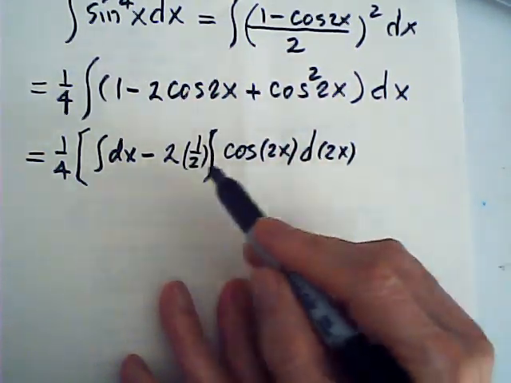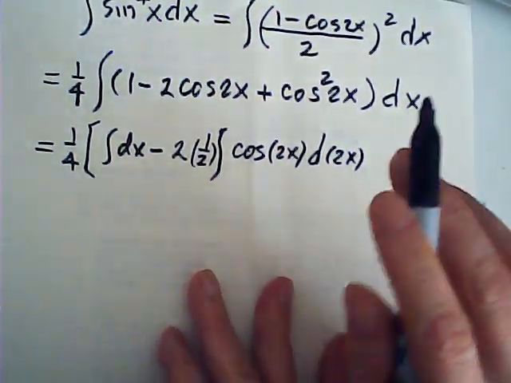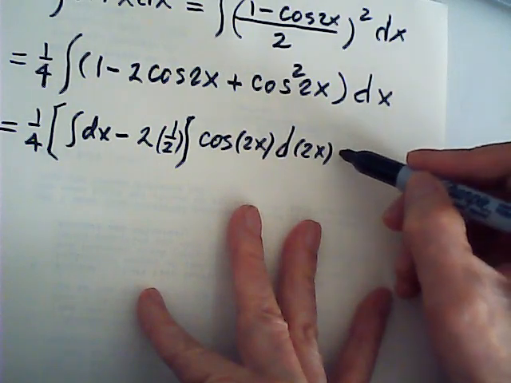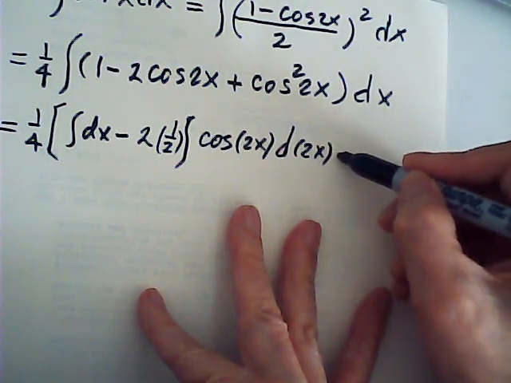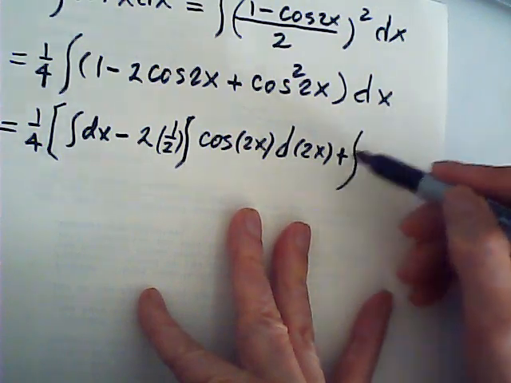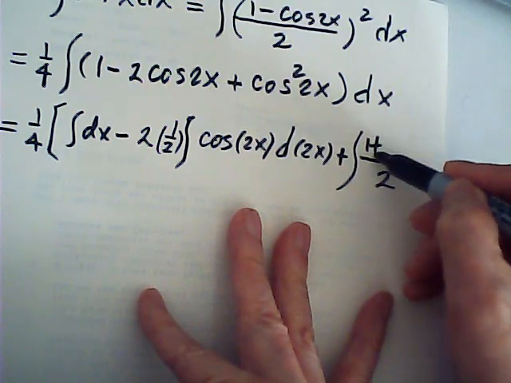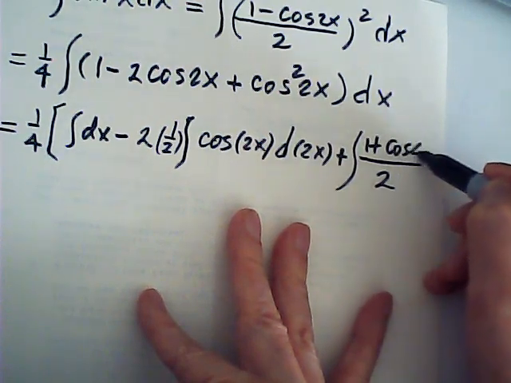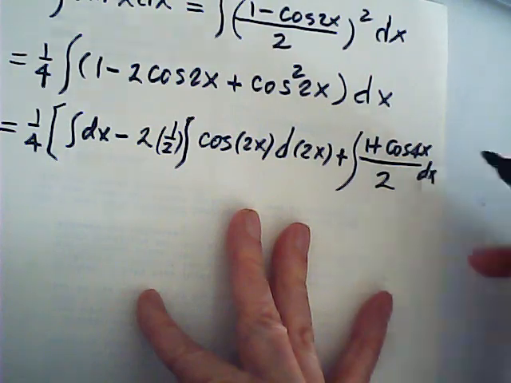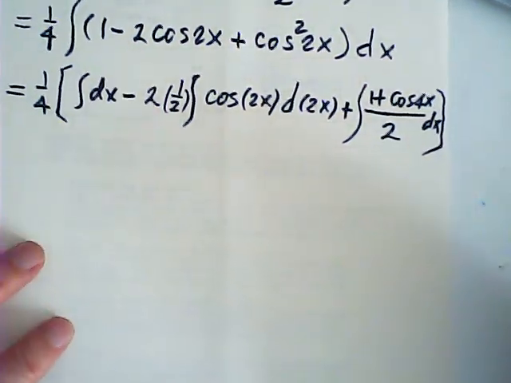This is just purely a cosine function, no composite function here. Then plus the integral of cosine square 2x, which becomes 1/2 integral of 1 plus cosine 4x dx. All right, so far so good.